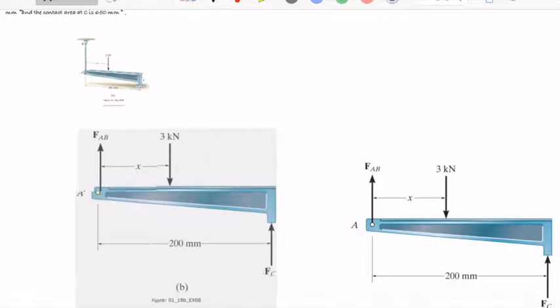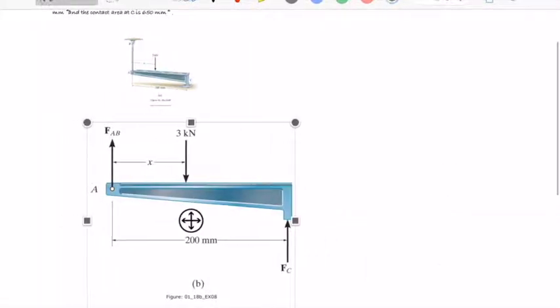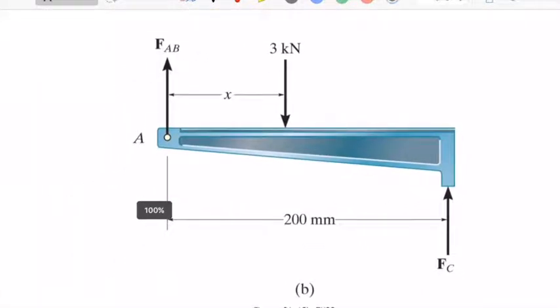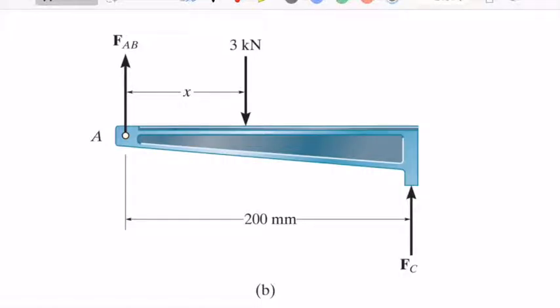This is what is happening at member AC, where you have the force of C acting at this point here, and you also have the 3 kilonewton at distance x, and we also have the force from the rod, which is denoted as FAB, and the distance is 200 millimeters.